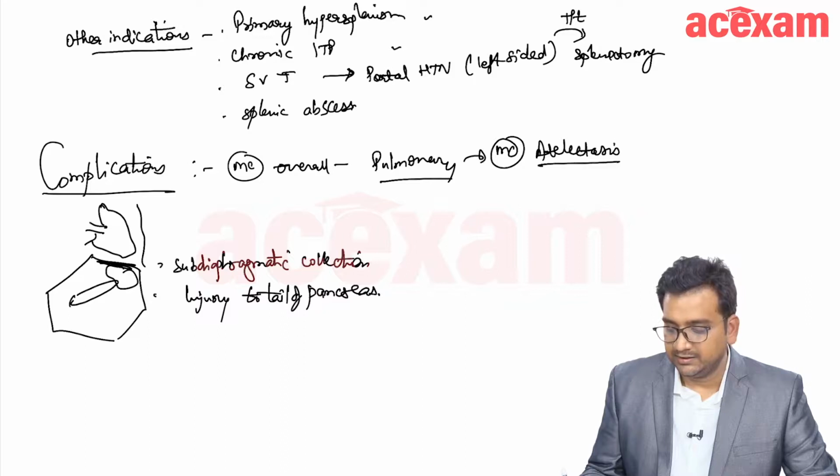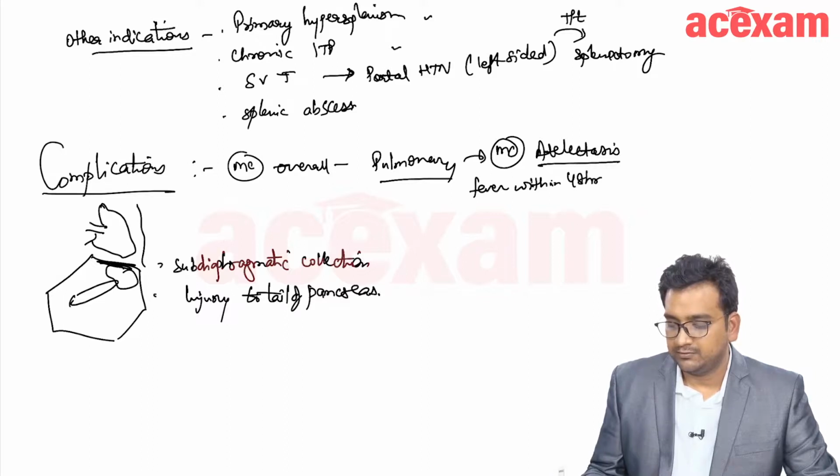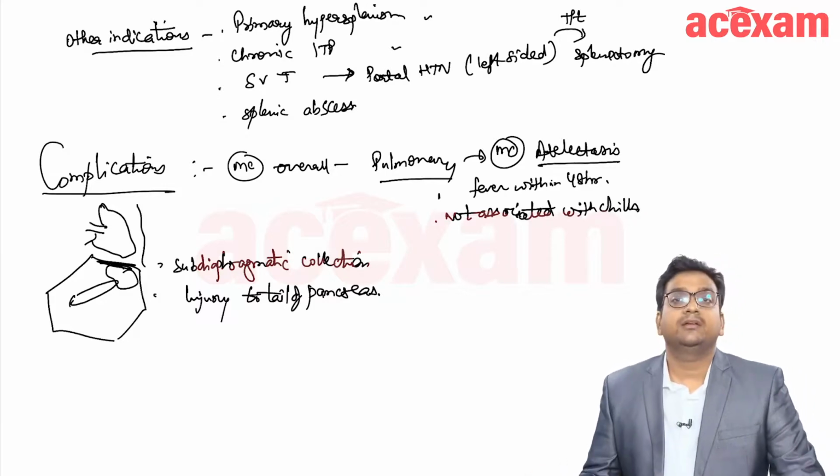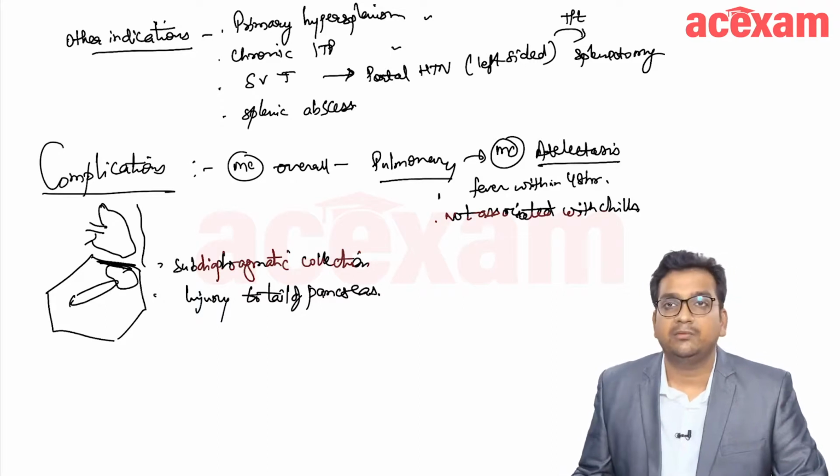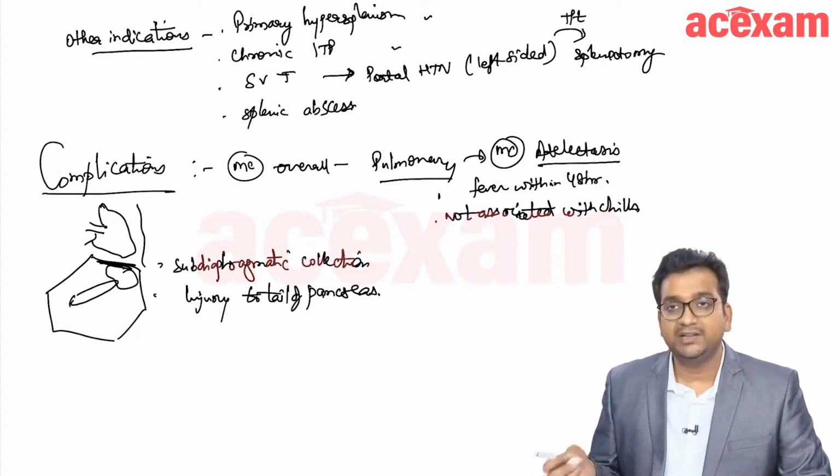In atelectasis there is fever within 48 hours. Generally it is not associated with chills and rigors because it is non-septic. So this is atelectasis. How can we manage it? We ask the patient to do spirometry or breathing exercises.